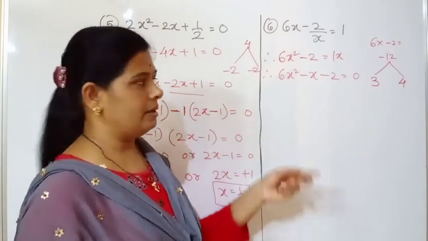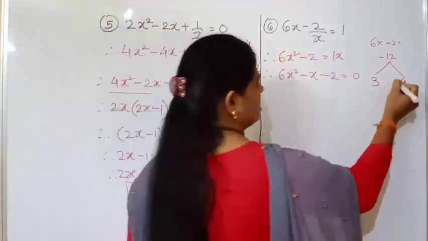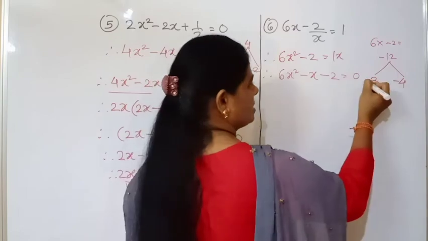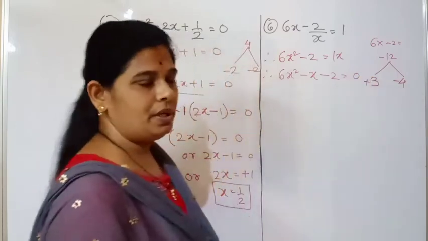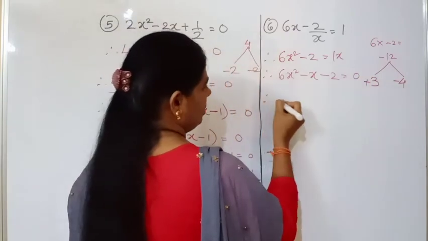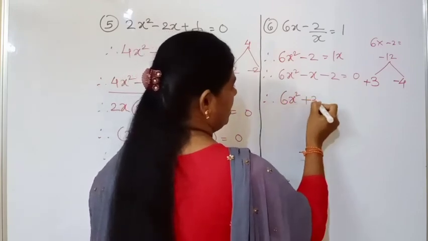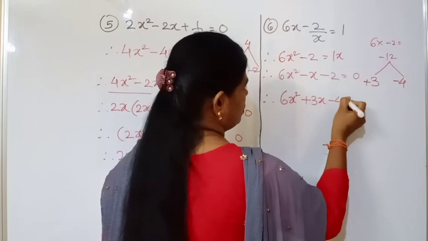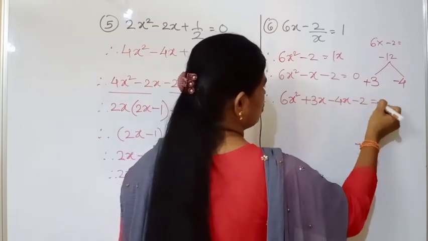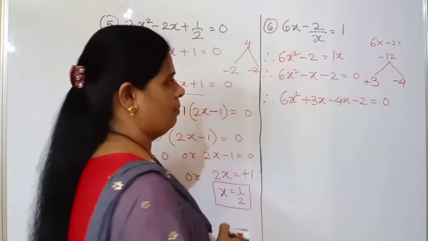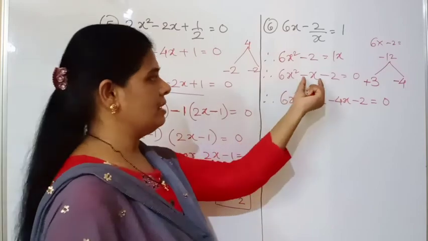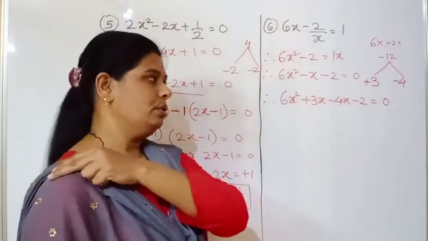Now the sign. The middle number is having minus sign, so the greater number gets minus sign and the smaller number plus sign. Now we will arrange it, that is 6x square plus 3x minus 4x minus 2 equal to 0. Okay, so we have split the x into 2.